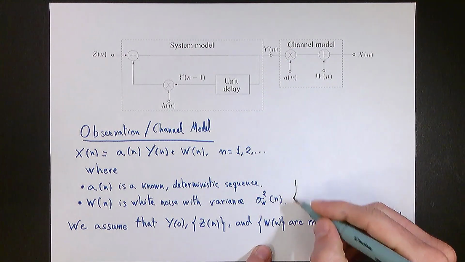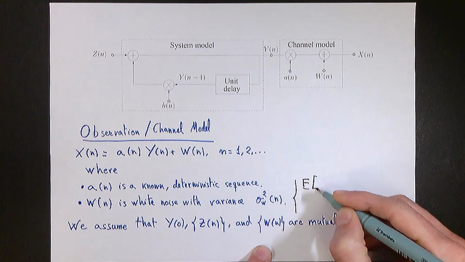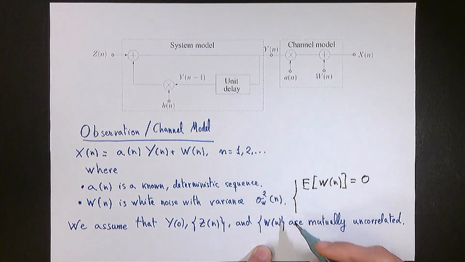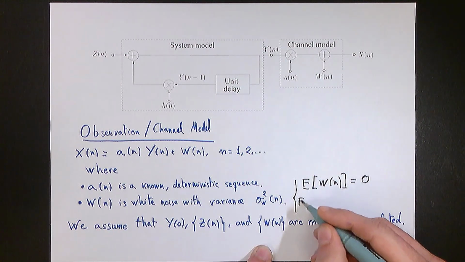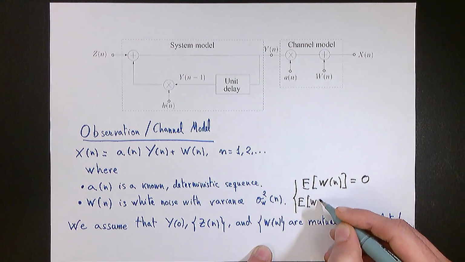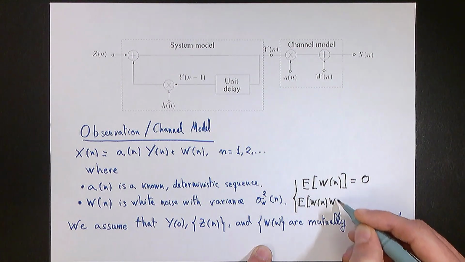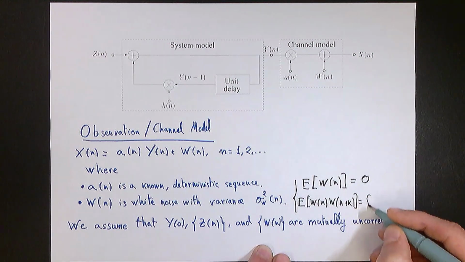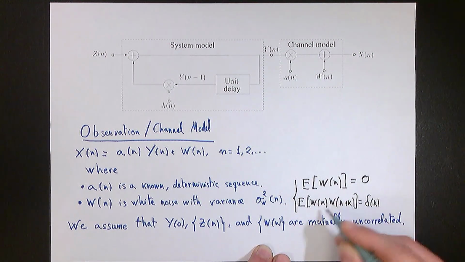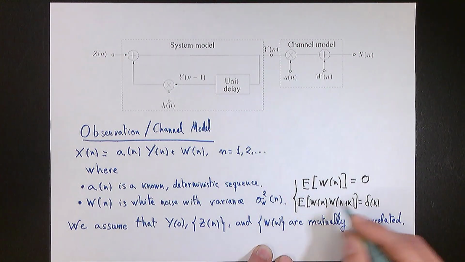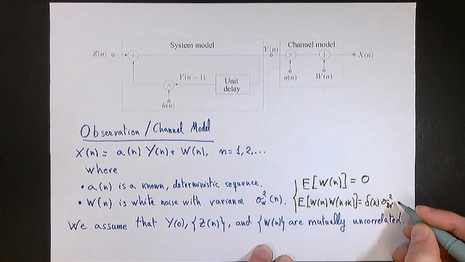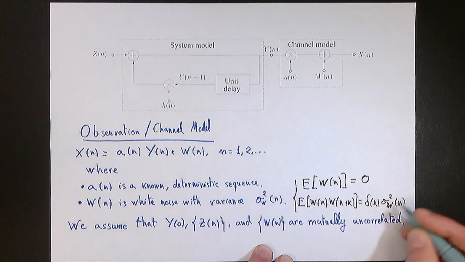Similarly as before, this again means that the expectation of the process w of n is going to be 0 for all time steps, and the autocorrelation of two samples of the process is only going to be non-zero when k is equal to 0, so only the same sample will be correlated with itself, and the value of this correlation will be given by the variance of the process, which in principle can change with time.